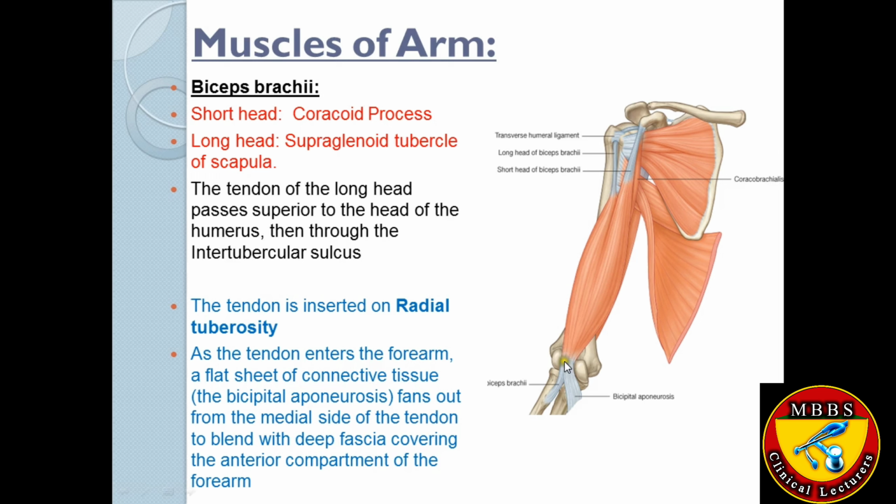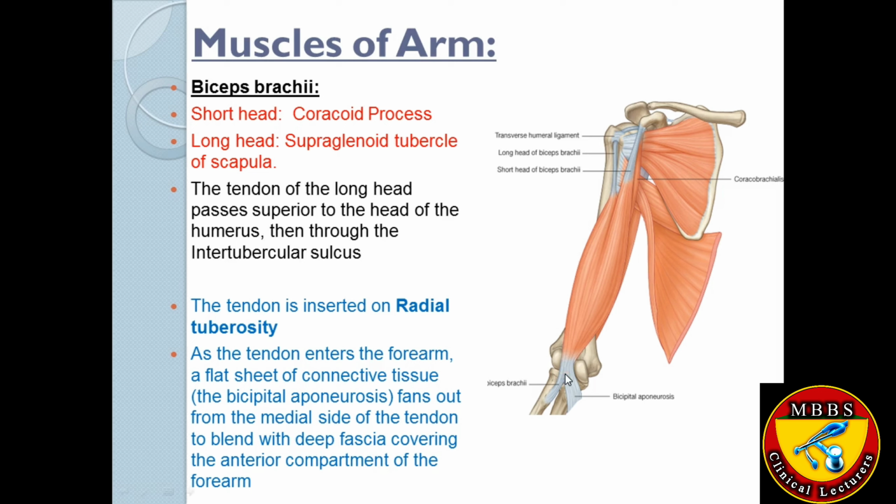This band of aponeurosis is working as a protective band. It is covering the important nerves and vessels which are going to pass in front of the elbow joint and enter into the forearm.